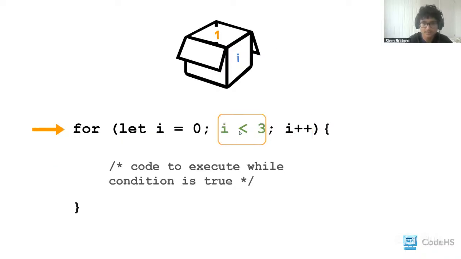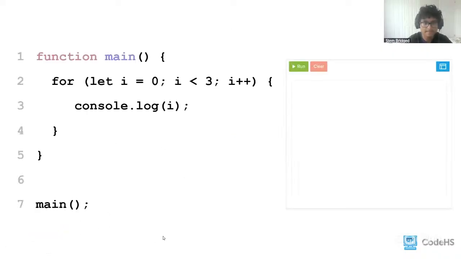It runs the condition again, and if the condition is true, then it'll run the code inside again. Again it runs the increment, then the condition, and then it runs the code inside. And then finally, since you did I plus plus and I is 3, 3 is not less than 3, so it's going to skip ahead and go to the next line.